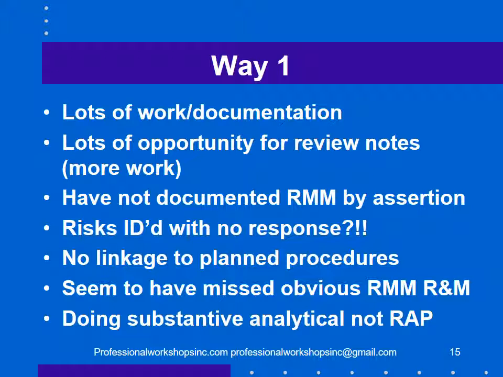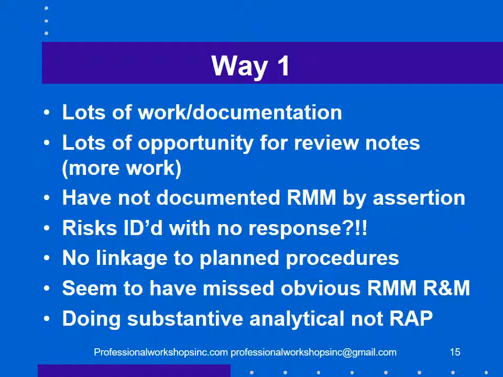The other thing is we've spent a lot of time documenting our risk assessment procedures, but what we were supposed to have been doing was documenting an assessment of risk of material misstatement by assertion, and we'd missed that. And if we'd done it right, we would have identified a risk of material misstatement with respect to repairs and maintenance, but we would have then identified it on a working paper, and we would not have hooked it to a response.